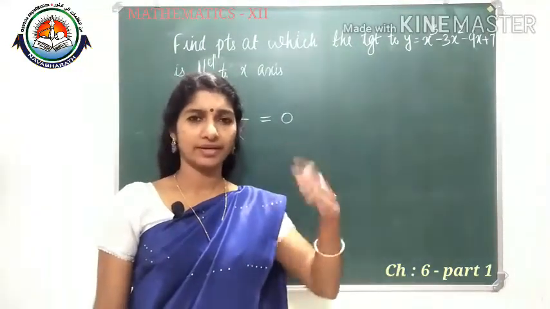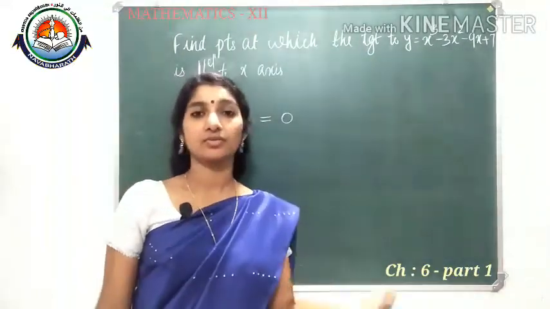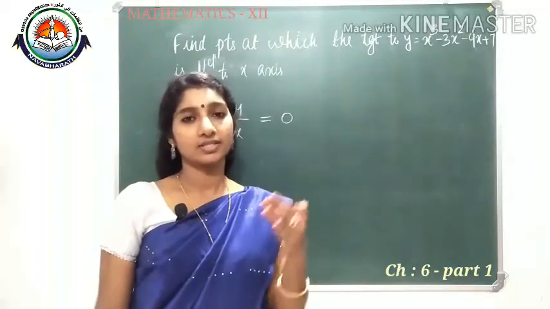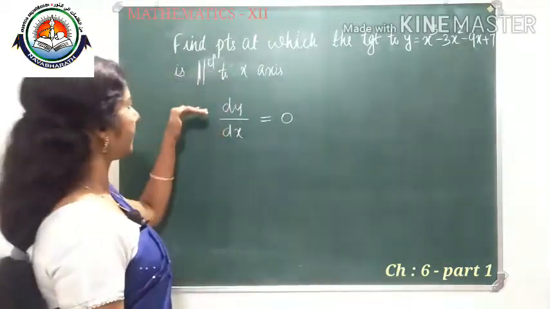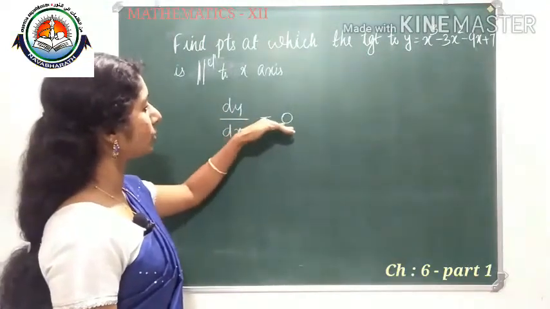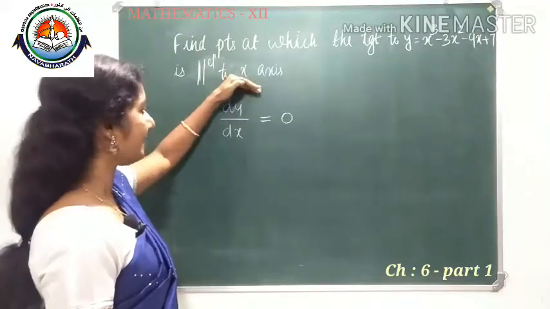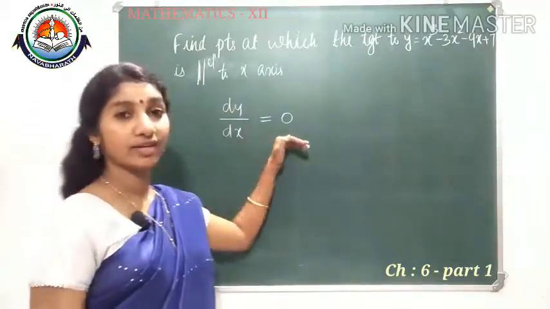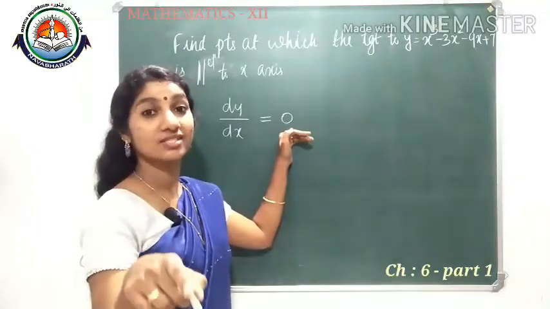And for dy by dx, if you give different values on the domain, you will get tangent slopes at different points. So here dy by dx is equal to 0 since those tangents are parallel to the x axis. We need to find at which points the slopes of the tangents are 0.